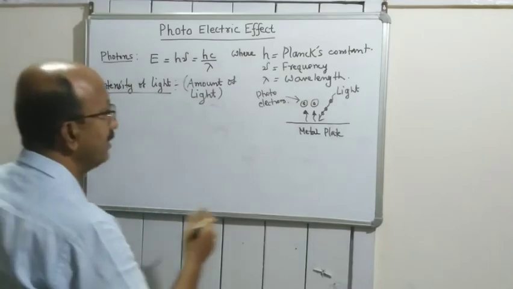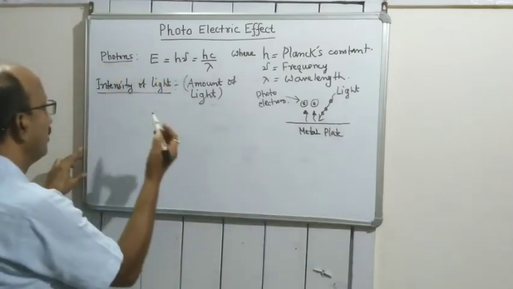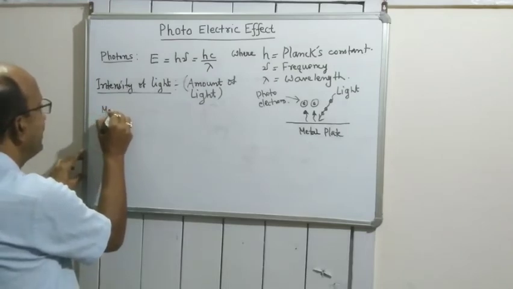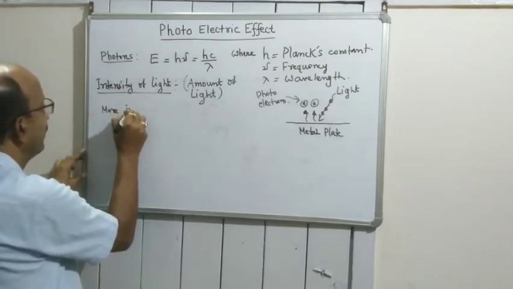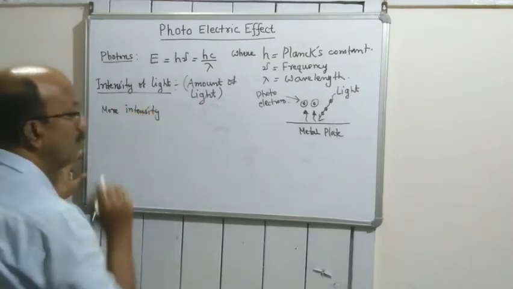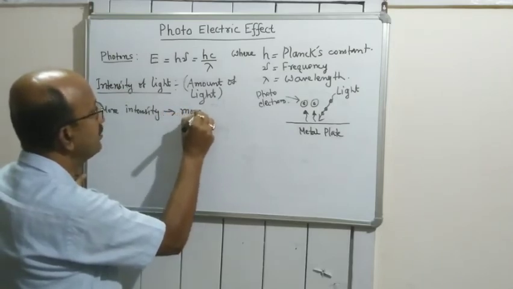So what will happen if I allow more light to fall on the metal surface? See, more intensity actually means more light.